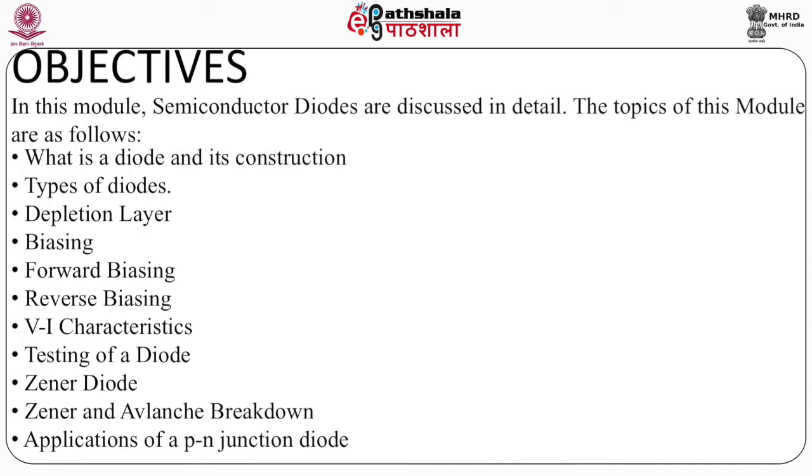And then we will define what a diode is, what kinds of diodes are available in the market, and how to construct a diode for any particular application. In relation to the diode, one important term is the depletion layer. We will discuss that in detail.